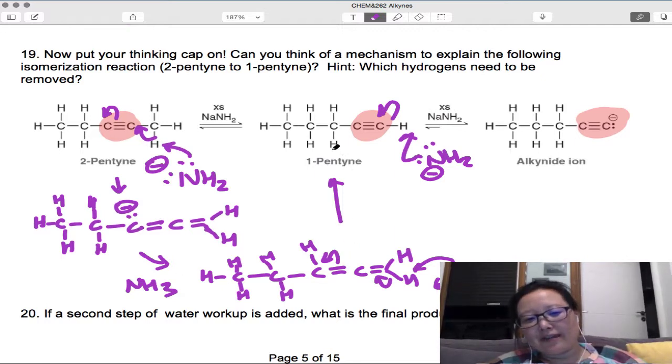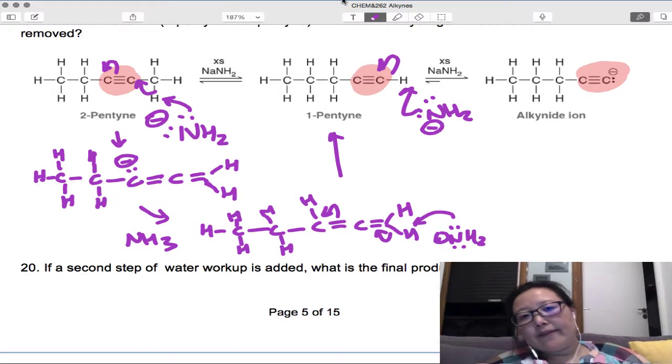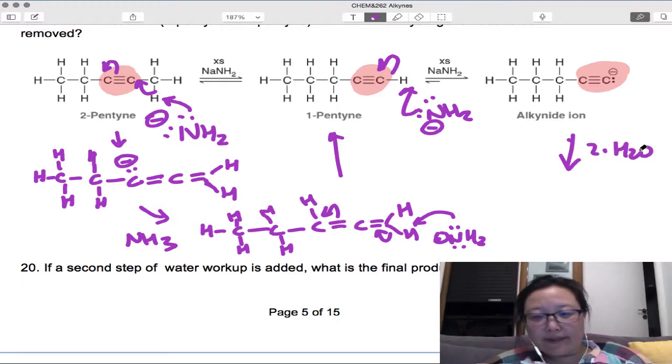As it continues to react, more of these will react until we eventually end up with this terminal alkyne. And then, of course, with excess sodium amide, we're going to end up with this ion. And then finally, what if instead of stopping here, I add a second water step, okay, then what I'm going to end up with is my alkyne.